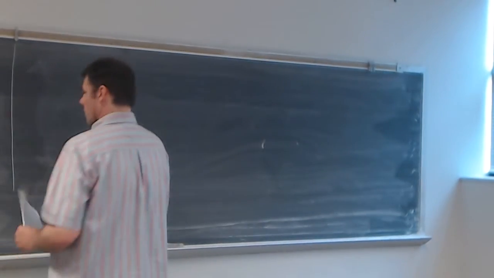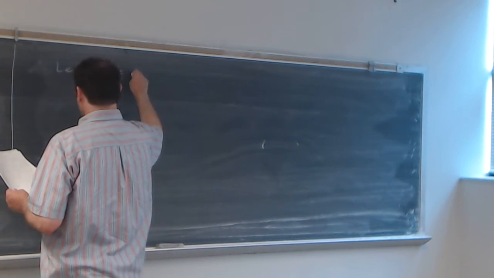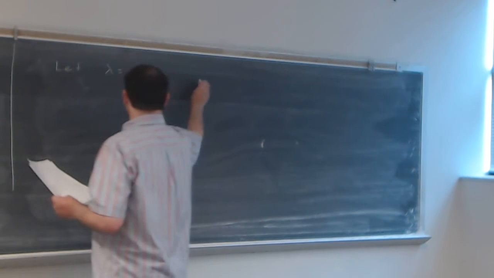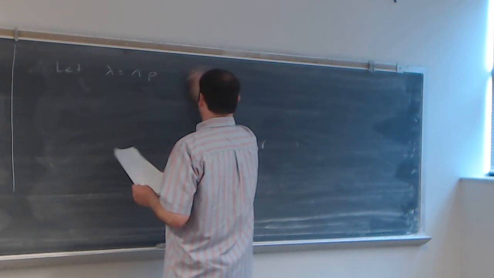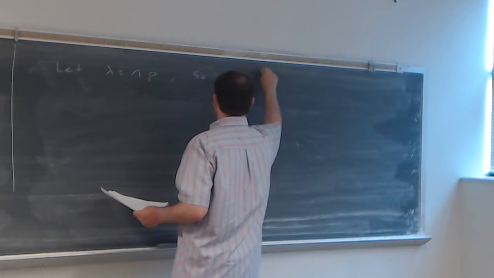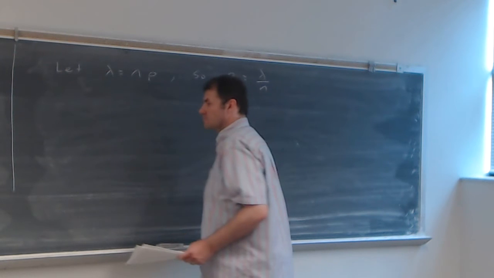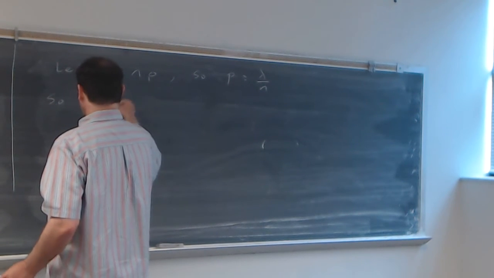Okay, we're going to make the following substitution. We're going to let lambda be equal to n times p, and thus p is equal to lambda over n. So here's what I can write for f of x.